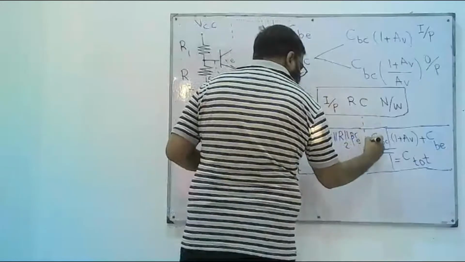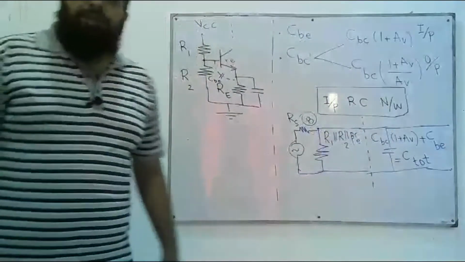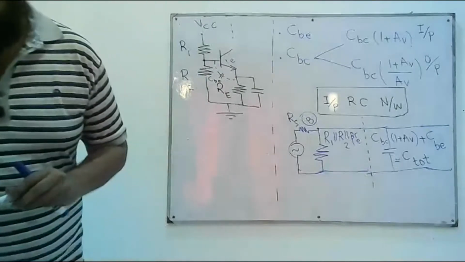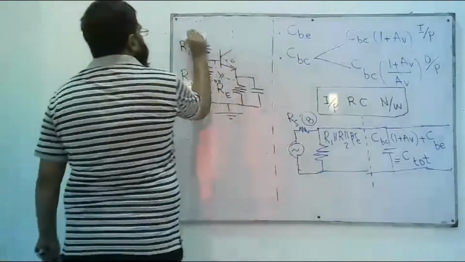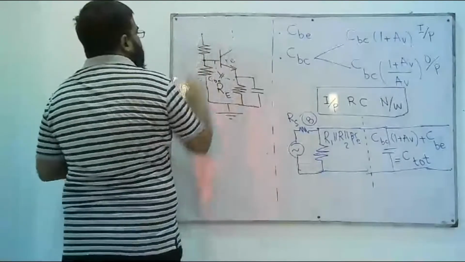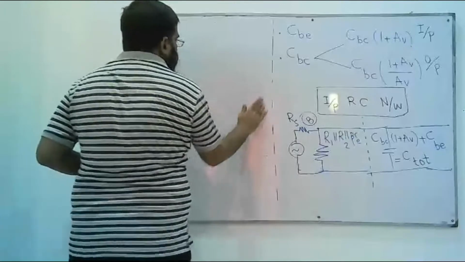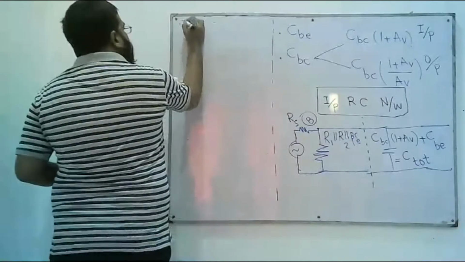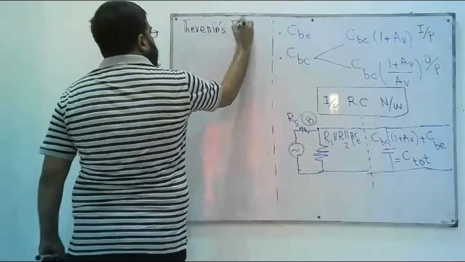There can be many options, but Thevenin's theorem is the most obvious option. Applying Thevenin's theorem to this circuit, the first step of Thevenin's theorem that we studied in circuit analysis is applying Thevenin's theorem.